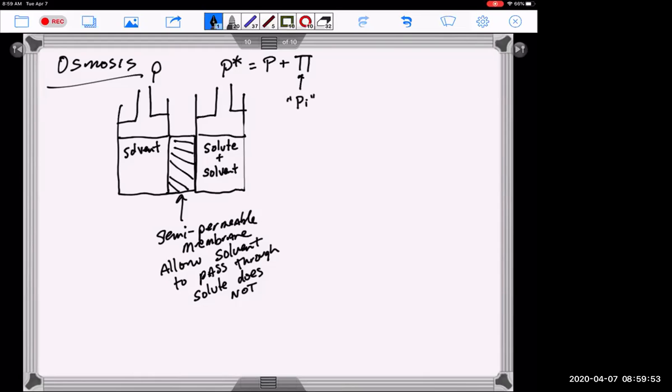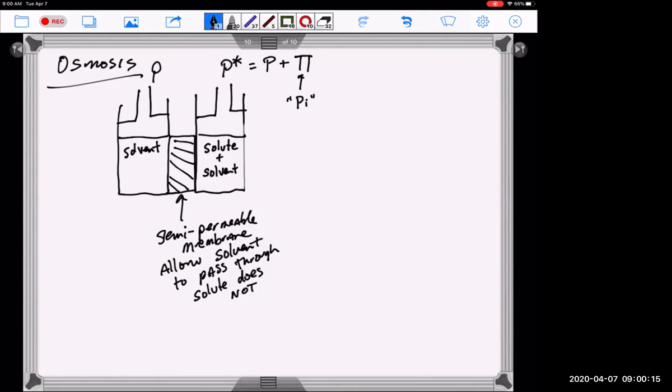And it's not lowercase pi, it's capital pi. So capital pi is used as this term of additional pressure that is necessary to prevent any of the solvent from going into the solute plus solvent.